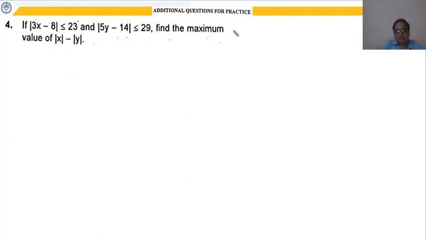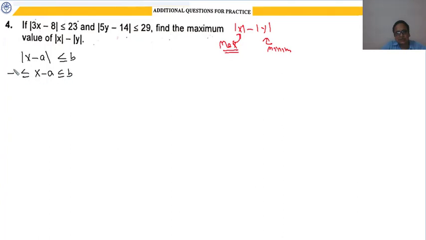So if we wish to maximize this, we try to minimize |y| and we try to maximize |x|. Whenever it's given |x minus a| is less than or equal to b, we can say x minus a is less than or equal to b and greater than or equal to minus b.